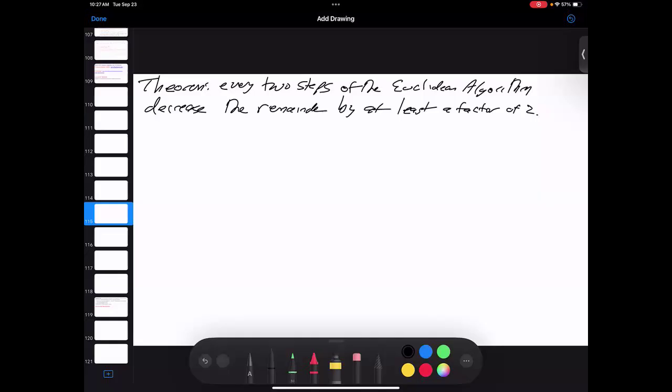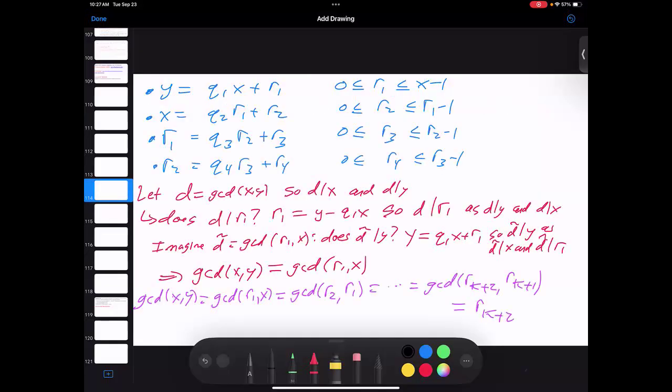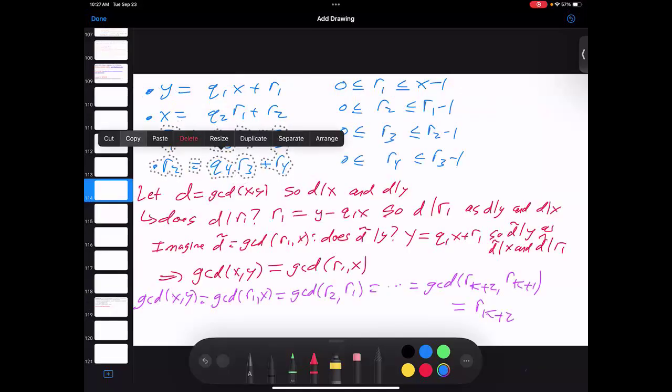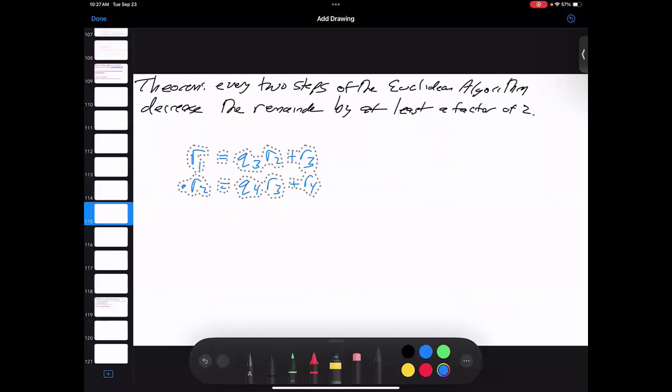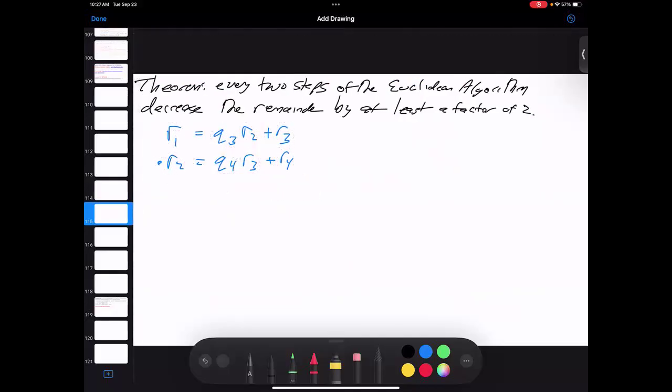So for example, let's imagine we have the following.